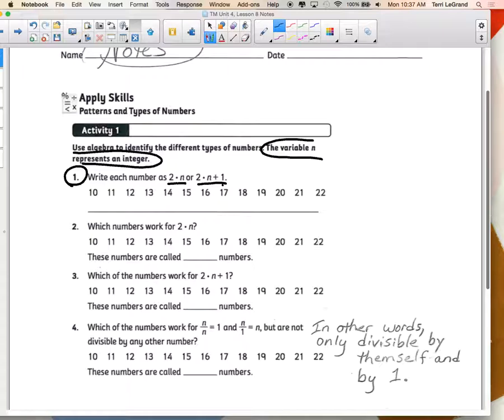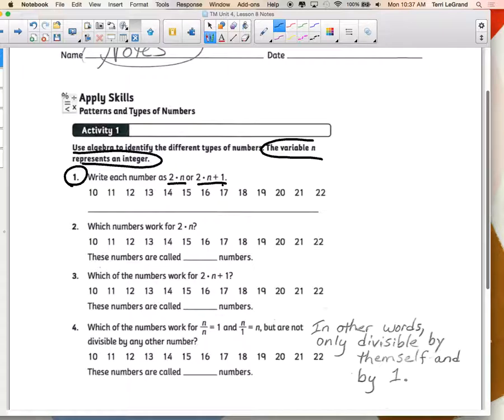Give me another example of a whole number. Sylvia? 10. What's the opposite of 10, class? Negative 10. So both 10 and negative 10 are considered to be integers. And then there's that whole number 0. What's its opposite? Itself. So 0 is an integer also.